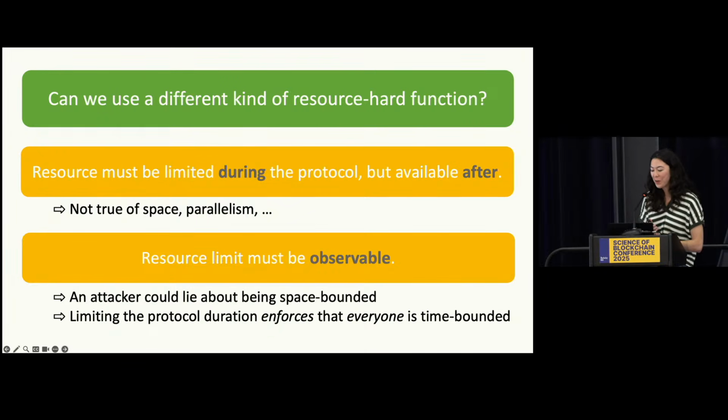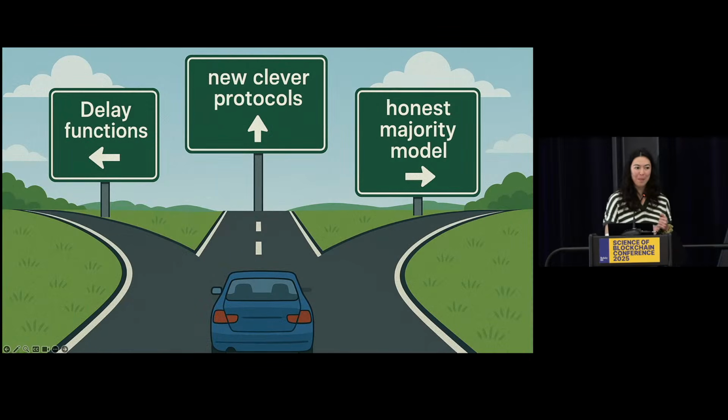Okay, so to wrap up, we've seen this result that delay functions and dishonest majority beacons are equivalent. And so what this says about the landscape of randomness beacons is there's no way to build new clever protocols that avoid using delay functions, right? Before, it might have appeared that we had these three paths. One path is to accept the deployment challenges with delay functions, do the work, and get dishonest majority beacons.